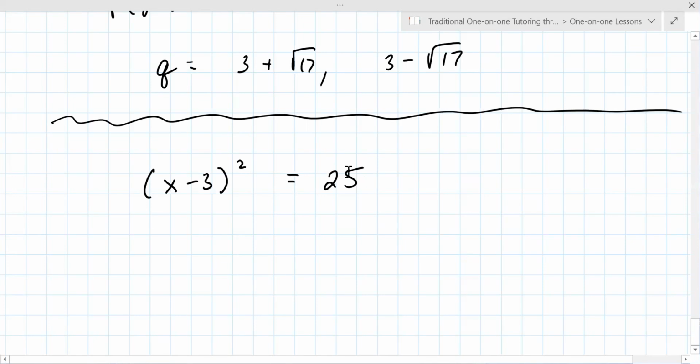Okay, I got it. All right, what's your final answer here? X equals 3 minus square root of 25 and x equals 3 plus square root of 25.